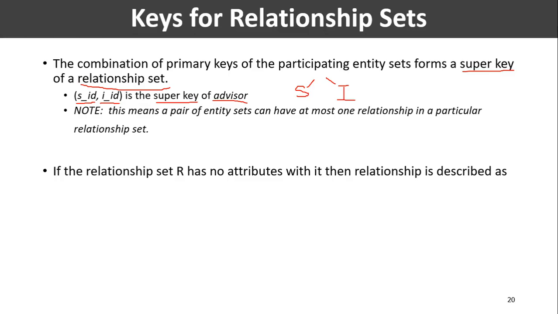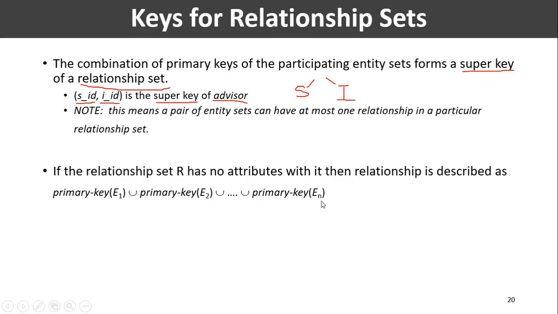Now, in this scenario, we are going to describe this relationship set R as the union of the primary keys of all participating entity sets.